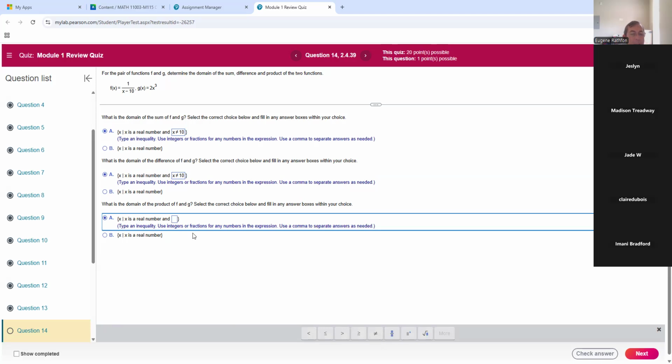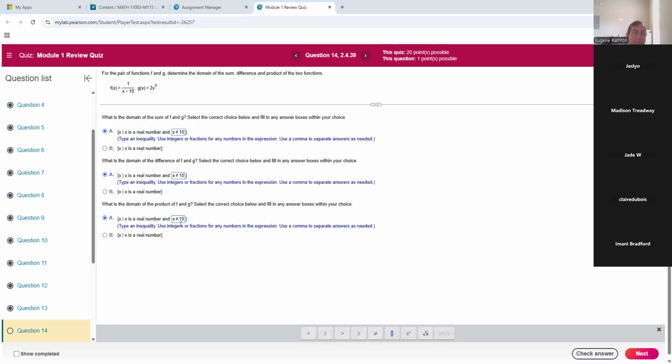Click A, x is a real number and x, come down here and get that not equals on the bar, and then 10. All three of those will always have the same answer, okay? And it's going to be whatever number makes your fraction equal 0 in that denominator, okay?